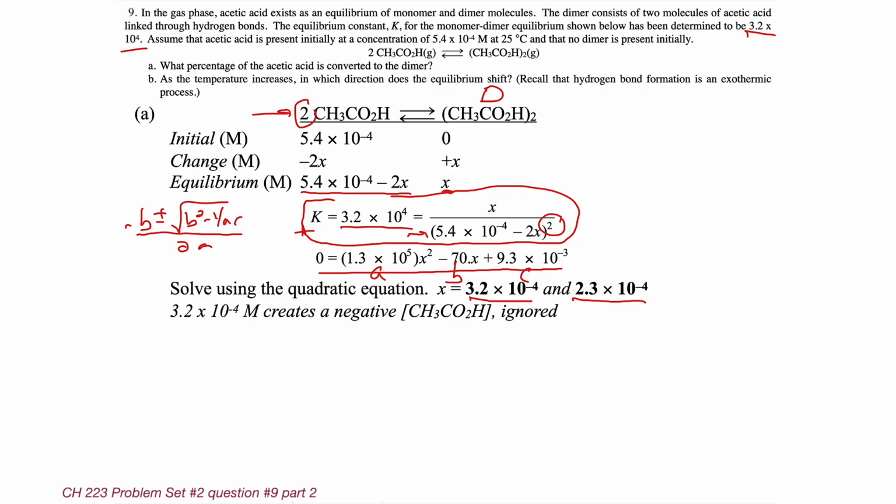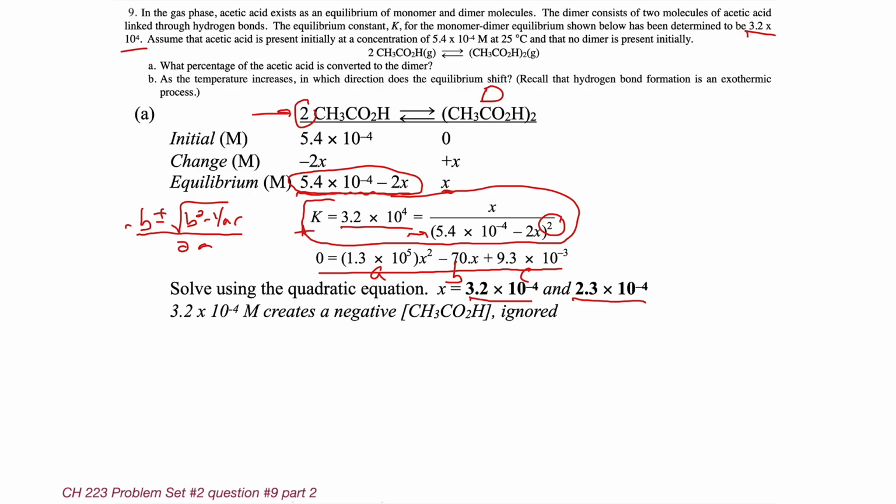So in order to figure out which one of these is the bad number, if you look back at the monomer, the 5.4 times 10 to the minus 4 minus 2x part, if you subtracted 2 times 3.2, that would be 6.4 times 10 to the minus 4. So 5.4 times 10 to the minus 4 minus 6.4 times 10 to the minus 4 would give you a negative number. And chemists don't use negative mass.